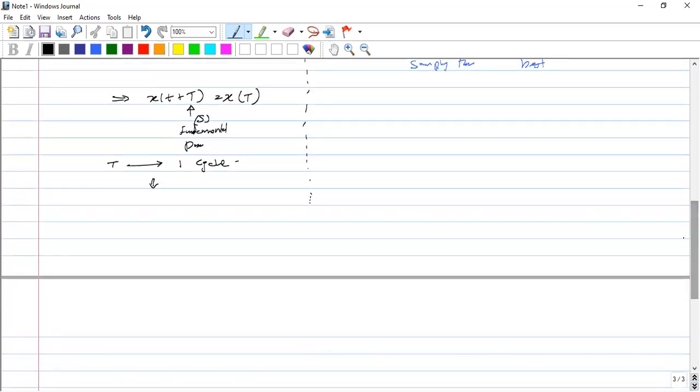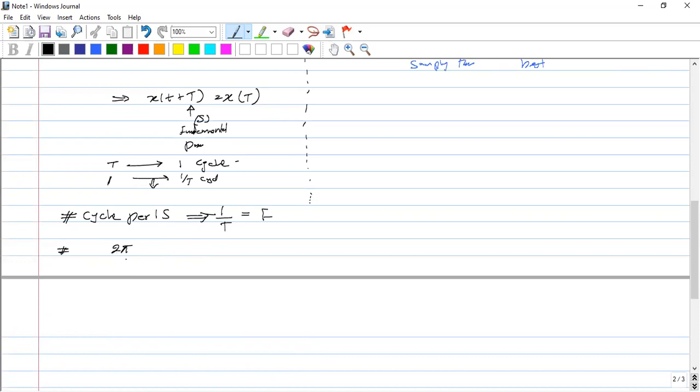If you want to find the number of cycles per 1 second, that is 1 by T. This is the time for one cycle, so the number of cycles per 1 second is 1 by T, and we call this the frequency, capital F. Also you know that one cycle has 2π radians.